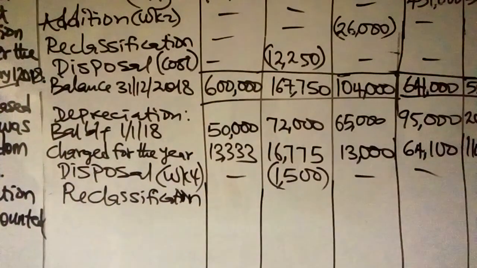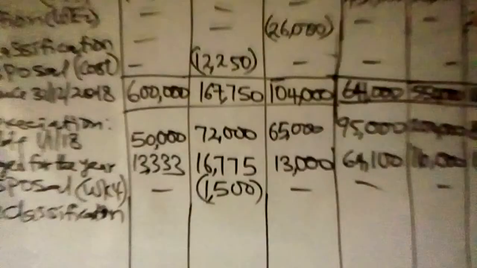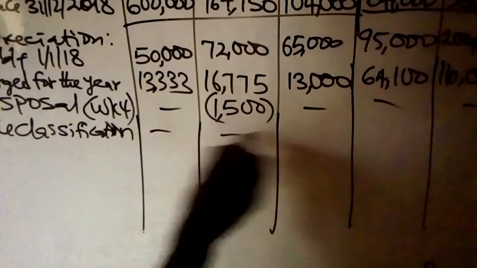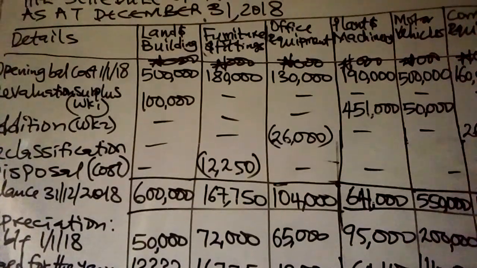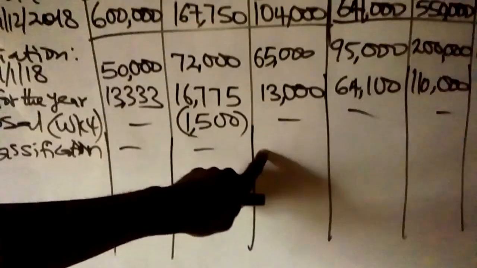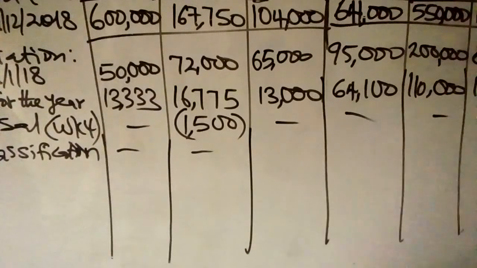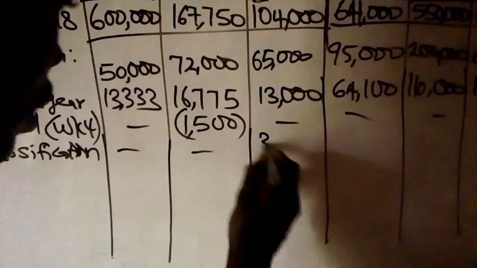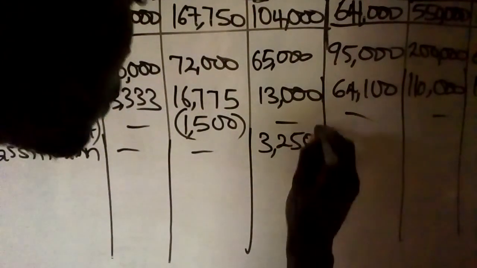You are removing it from office equipment. The office equipment was reclassified as computer equipment. That means the depreciation too has to be reclassified. So you are going to reclassify the depreciation also, which is 3,250.